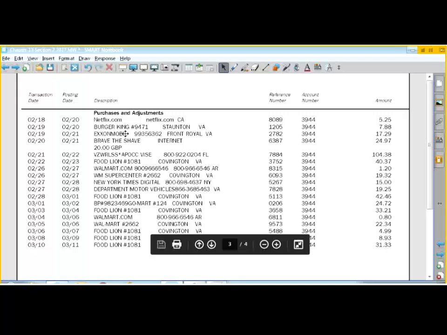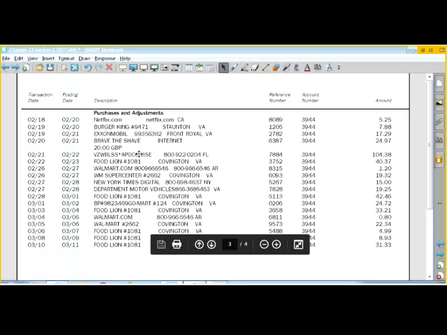This is my credit card bill. Netflix, $5.25. That's my $2 movies a month plan. This was my cousin in England getting her head shaved for charity. She's 40 years old, and she's going to get her head shaved.